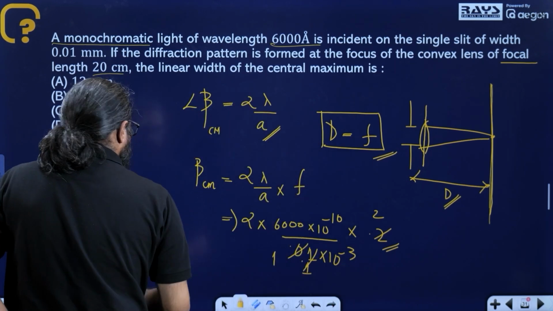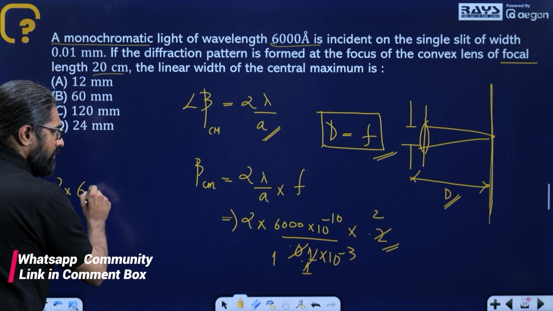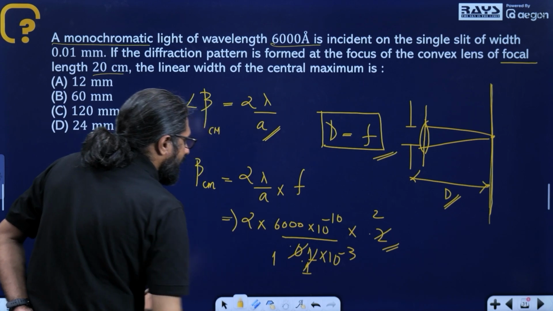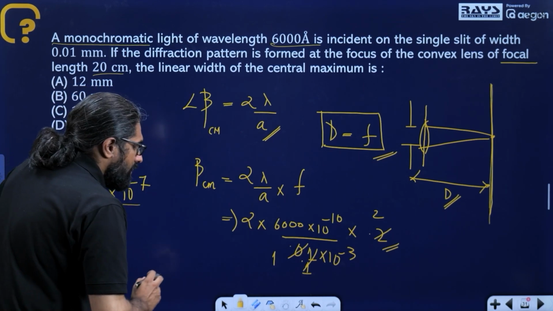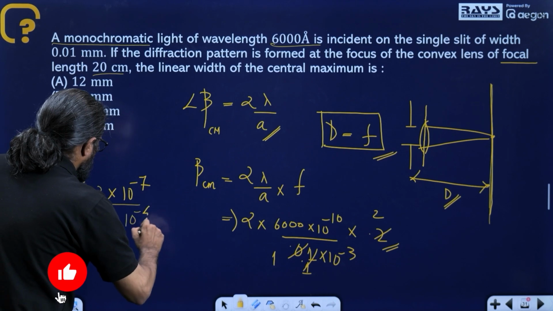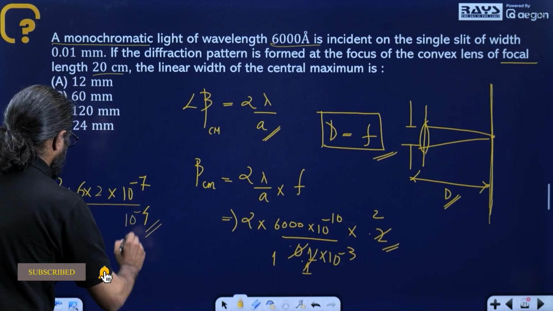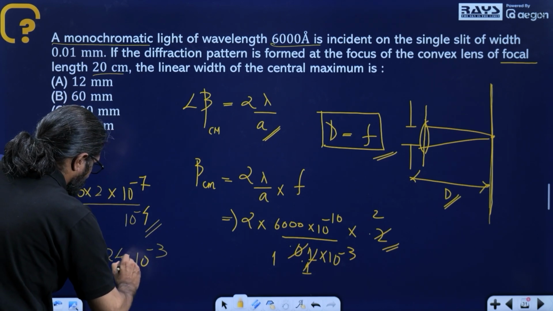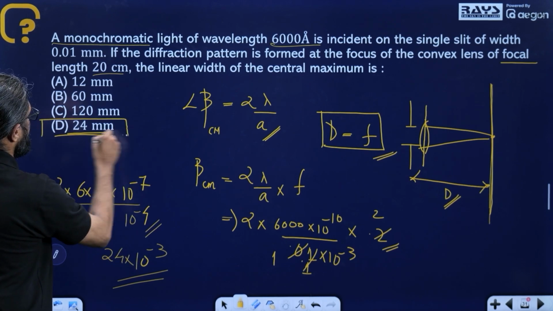So I'll just rewrite it. 2 multiplied with 6 multiplied with 2, that multiplied with 10 raised to minus 7, and underneath I have 10 raised to minus 4, and that makes it 10 raised to minus 3, and this is 24. 24 millimeters is the final answer.